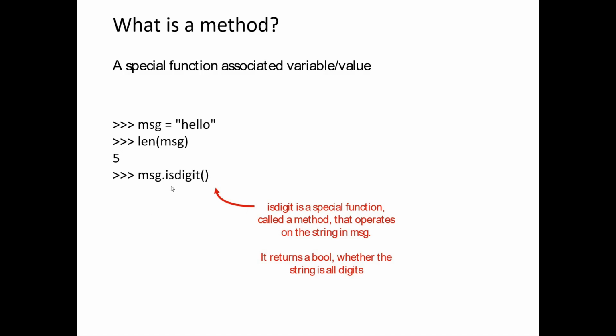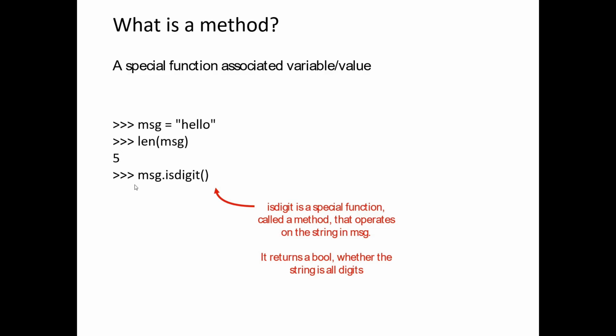All right. Now the method functions are going to be ones that are accessed the way we were accessing the dog speak and the dog fetch function, with the dot and then the name of the function. So isDigit, it's a special function. These are called methods, and they operate on the string. So basically I take my variable name, or I could take the string itself, hello in quotation marks.